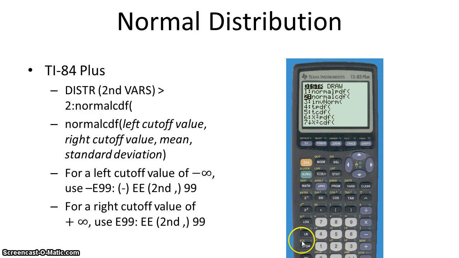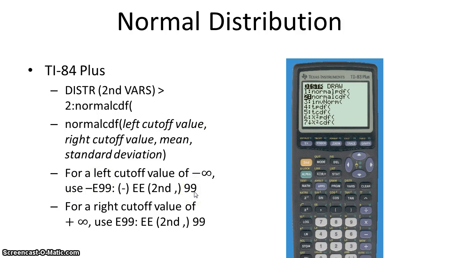But we want the negative sign, followed by EE, which is the secondary function above the comma, and then typing in the number 99. Negative E99 is scientific notation for negative 1 times 10 to the 99th power. So it's negative 1 with 99 zeros after it, a very, very small number.